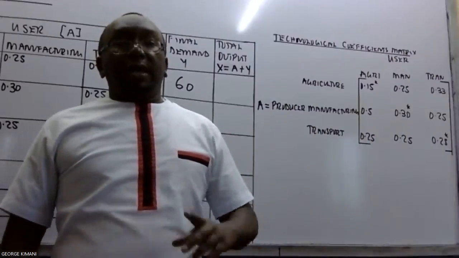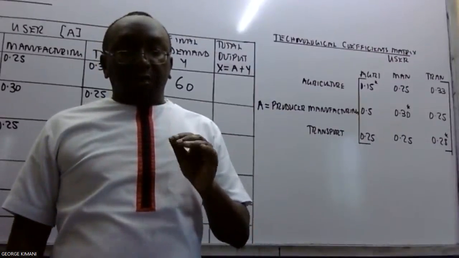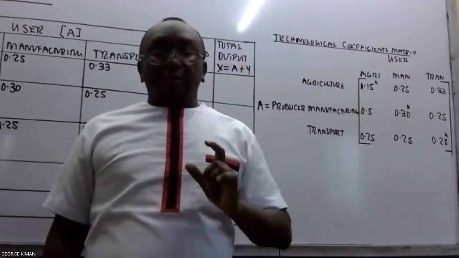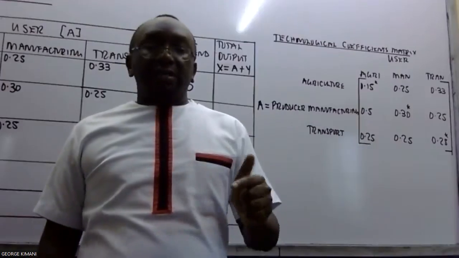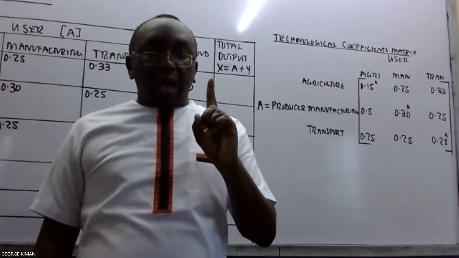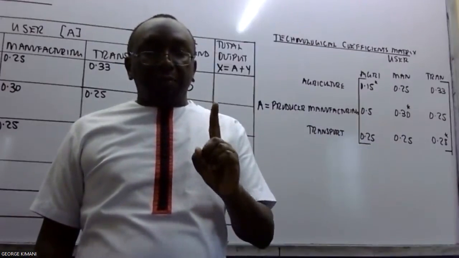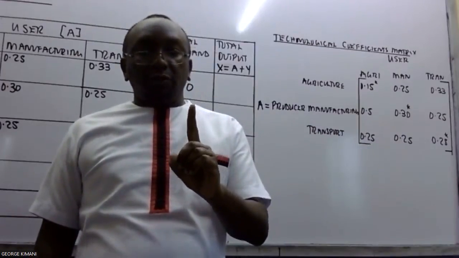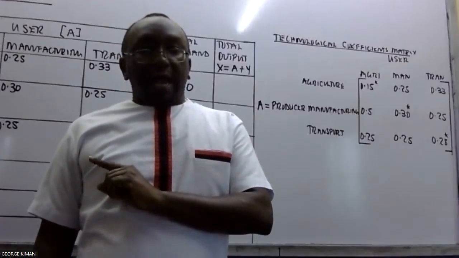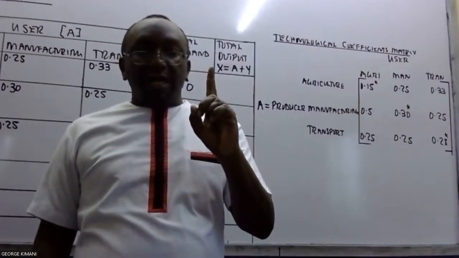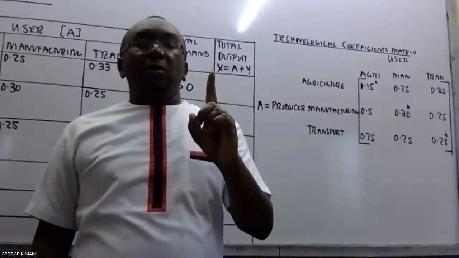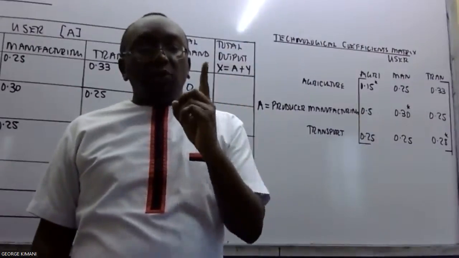Because there is one assumption. If you get deeper into input-output analysis, one of the assumptions says there is absence of returns to scale. Which means that the total input should equal total output. As in, if you get 1 unit of agriculture, you must have input also 1 unit.